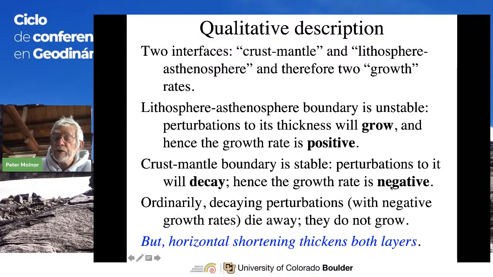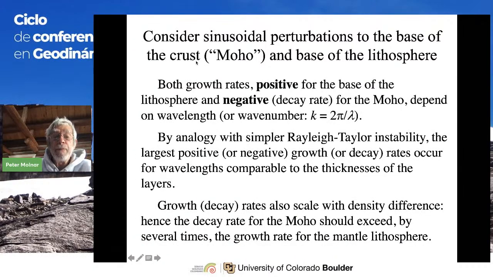It's causing the crust to thicken against the gravity acting on it. It's causing the mantle lithosphere to sink, which is going in the direction the gravity wants to enhance. So for both growth rates, we have positive for the base of the lithosphere, the instability will grow, and a negative decay rate, therefore, for the Moho.